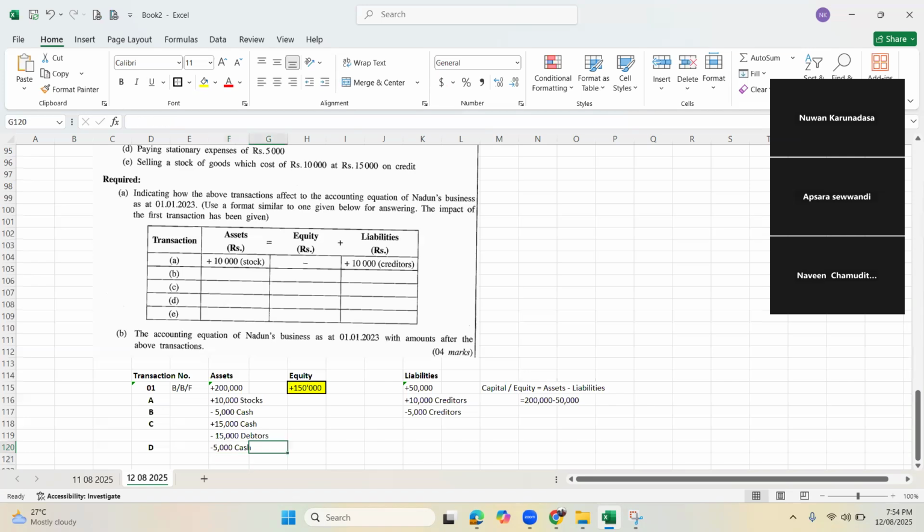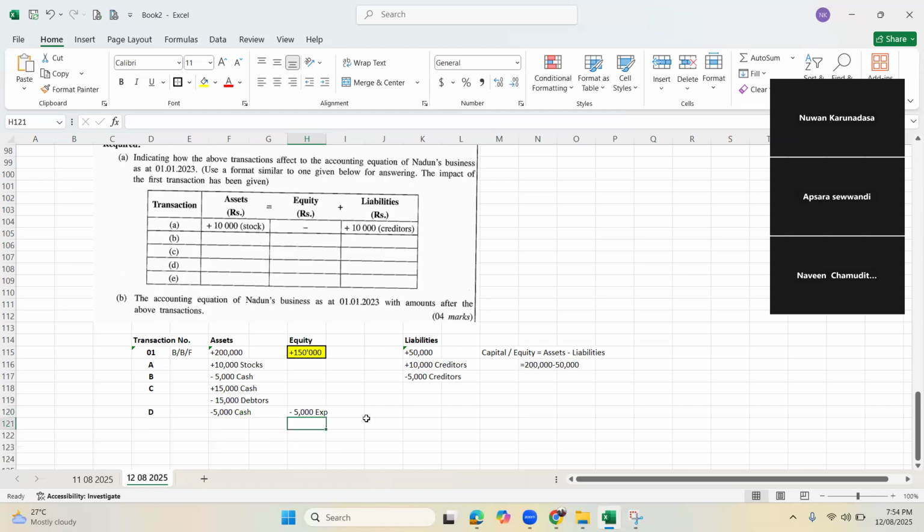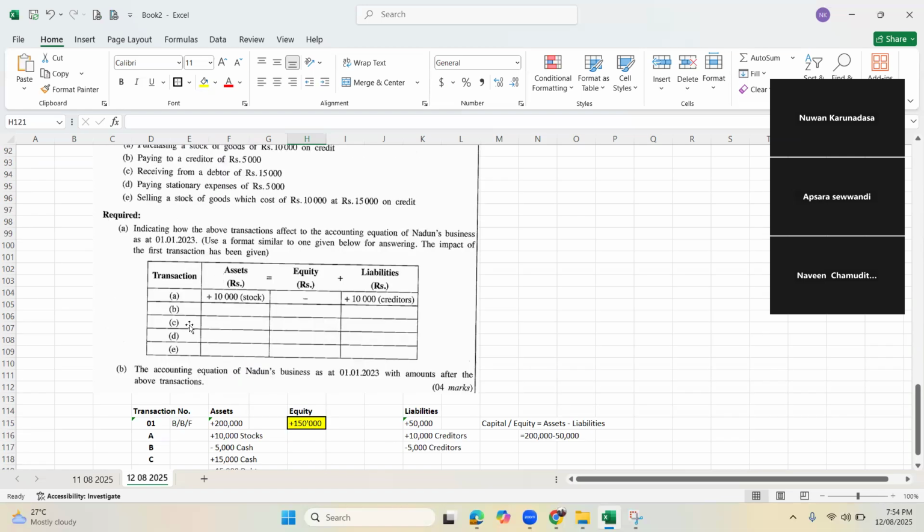Stationery is an expense. When the expense increases, profit will come down, so equity will come down, minus 5,000, because it is an expense. We have done D.